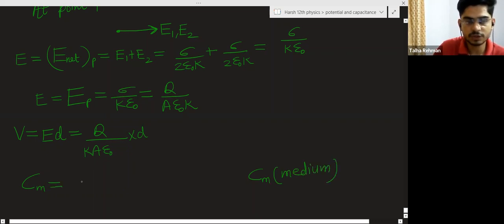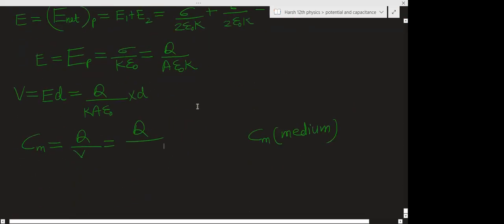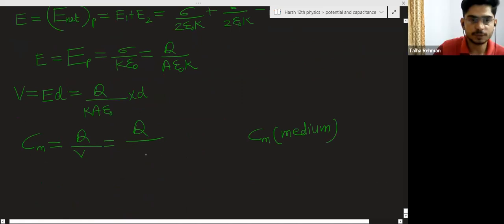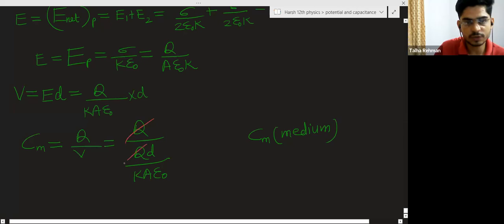We know capacitance is charge by potential. What is charge Q? Charge is Q on each plate, plus Q and minus Q. And potential is Qd divided by k A epsilon naught. Q gets cancelled out.